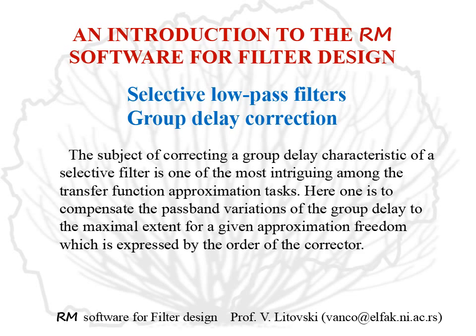The subject of correcting a group delay characteristic of a selective filter is one of the most intriguing among the transfer function approximation tasks. Here, one is to compensate the passband variations of the group delay to the maximal extent for a given approximation freedom, which is expressed by the order of the corrector.